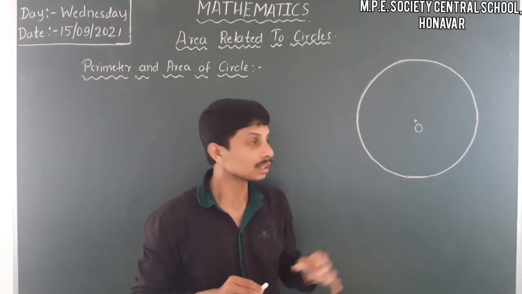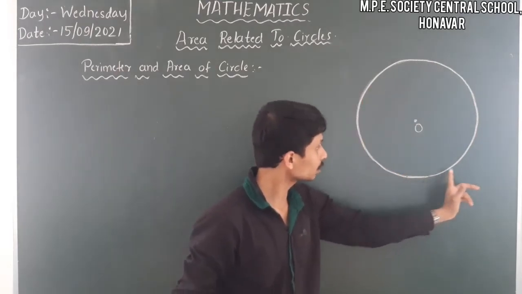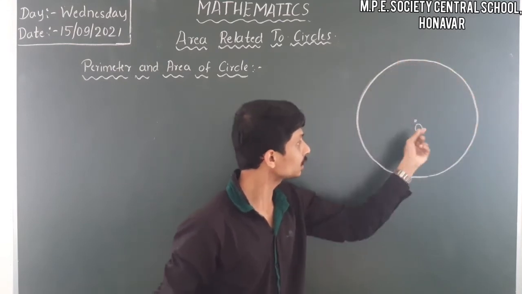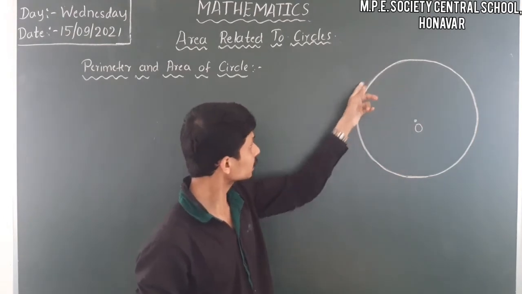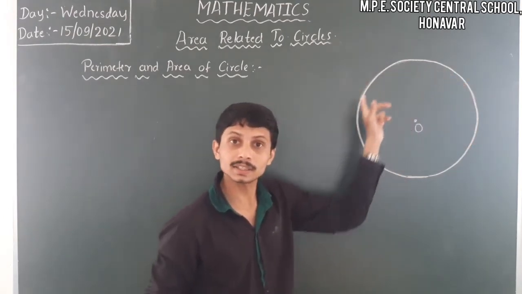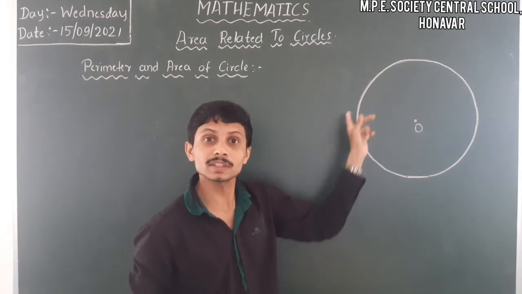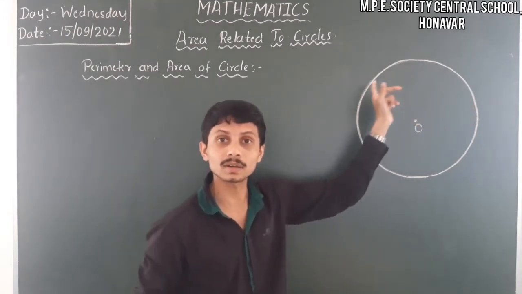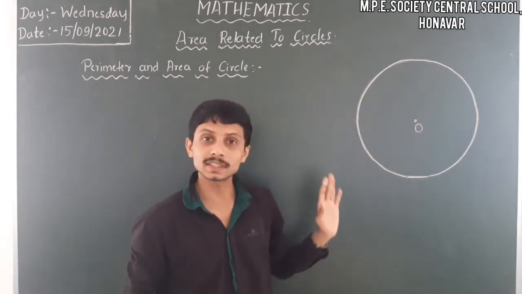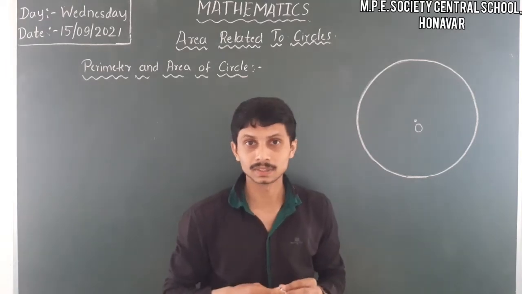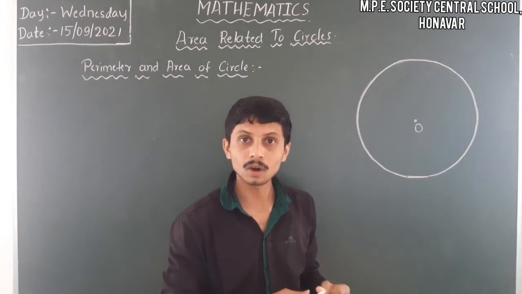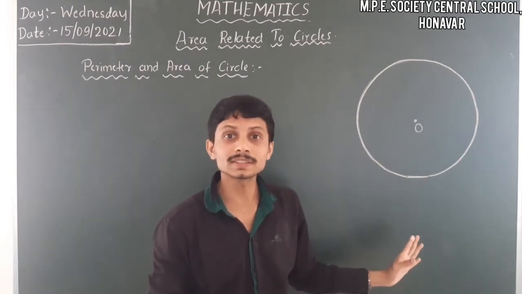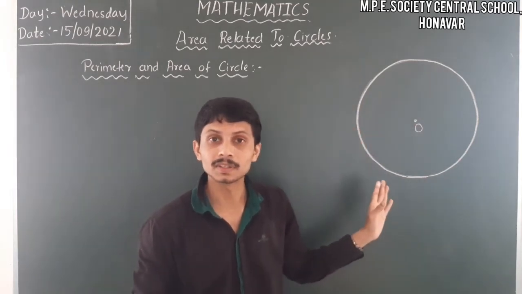A circle is a collection of points at a constant distance from a fixed center. So the total distance covered across that collection of points is nothing but the circumference. It is actually the perimeter of the circle, and we call it circumference in the case of a circle.